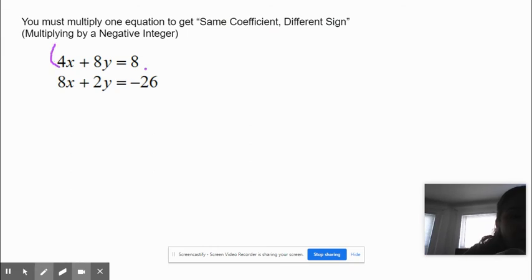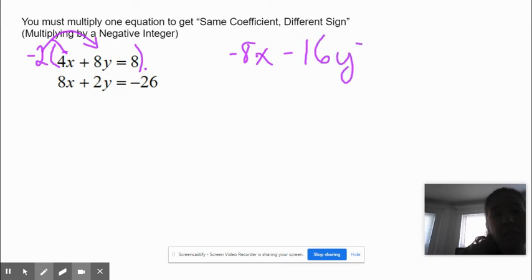Just because it's easier to work with in your head. So negative 2 times 4x is negative 8x. Negative 2 times 8y, negative 16y. And that's going to equal negative 16.